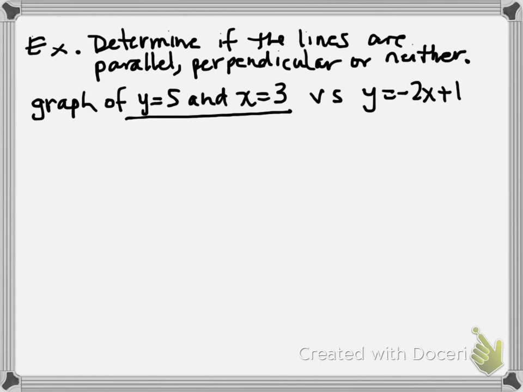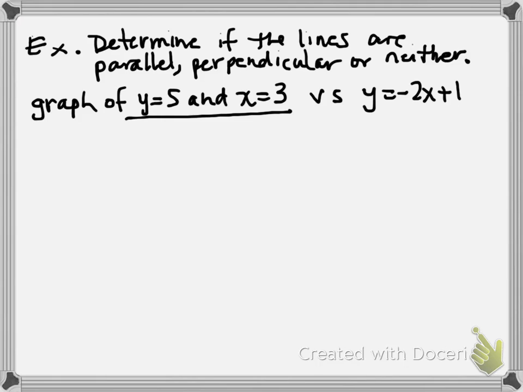So we're going to look at the graph of y equals 5 and x equals 3. So it's a line that passes through those two values versus y equals negative 2x plus 1.